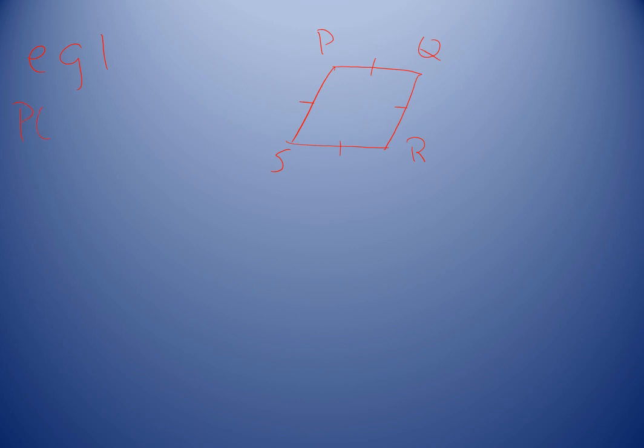So PQRS is a rhombus. And let's suppose I tell you that the length of segment QR is 2y plus 3, and the length of segment SR is 5y minus 6. What is the value of y?